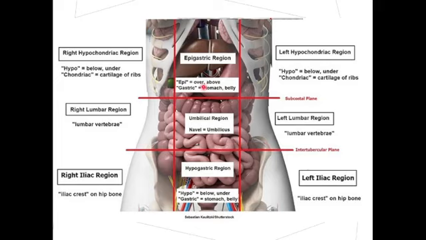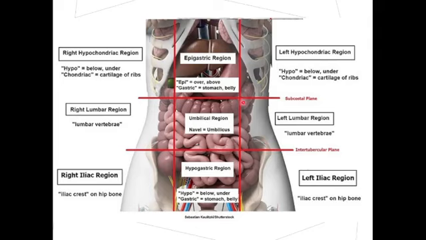Okay. Next we have the epigastric region. Epi means above, gastric means the stomach or the belly. We have gastric acid in there. So that's why it's called epigastric, just above the stomach or above the belly. Next, we have the umbilical region.